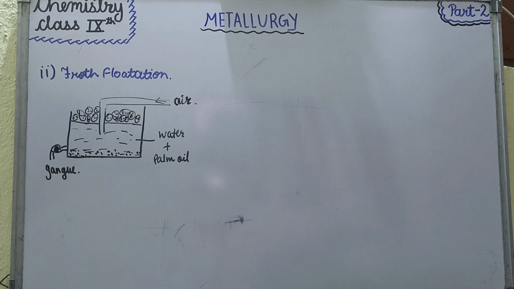Observation is that ore is preferentially wetted by the oil and floats on the top of the froth bubbles. Gangue wetted by water settles down.